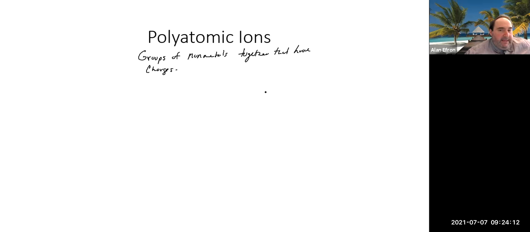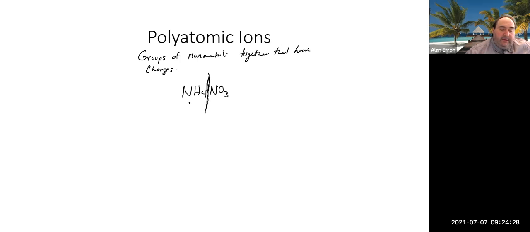So what do I mean by that? Well, if you look at something like NH4NO3, when we look at this particular compound, we actually would split it right about there in the middle.